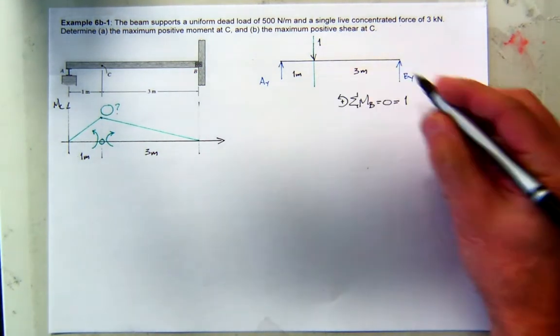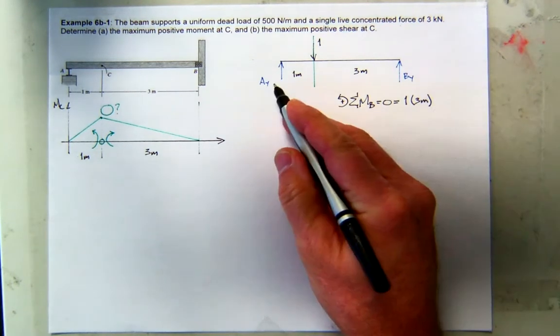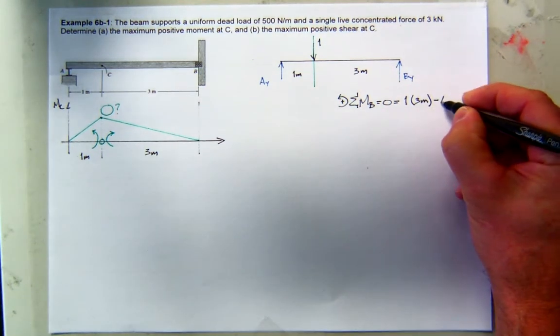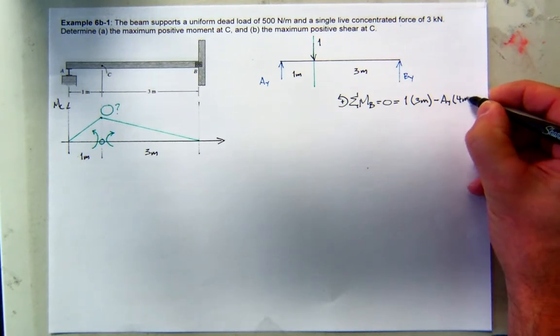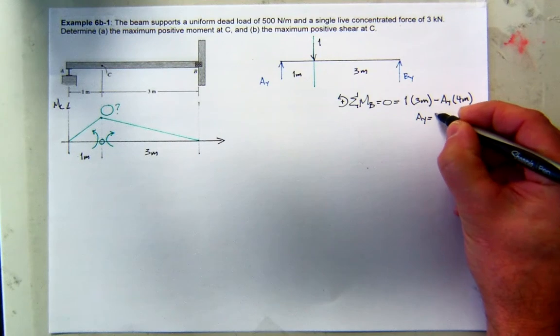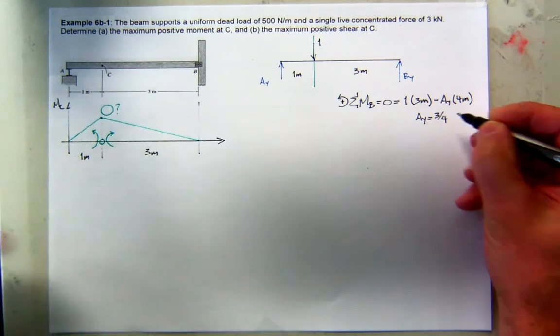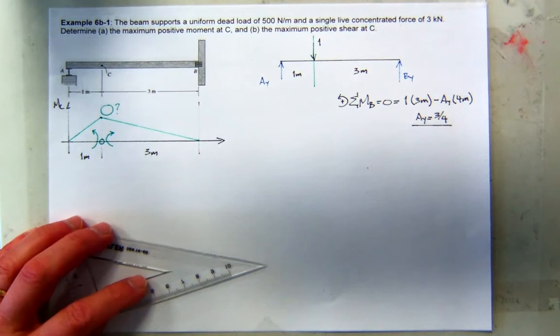The moment arm is 3 meters. And then AY creates negative moment with the moment arm of 4 meters. So it looks like AY is going to be 3/4. No unit. Okay? That's not too surprising.